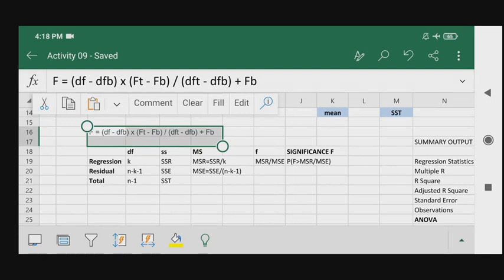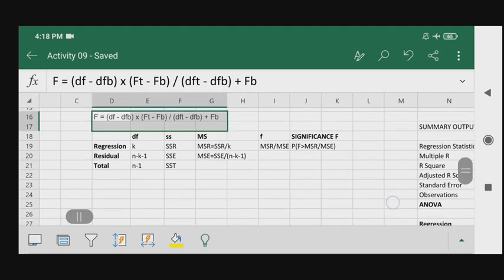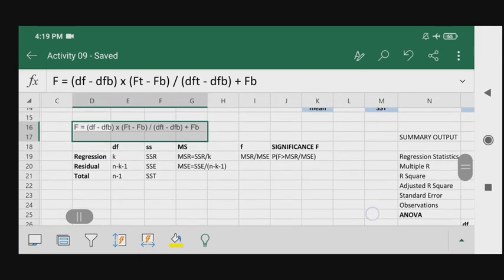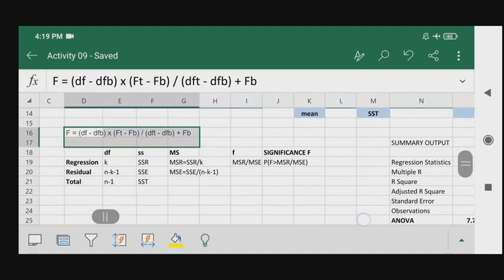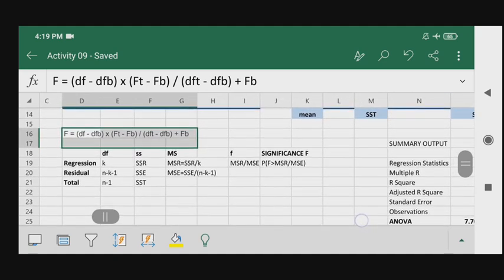F equals df minus dfb, where df is the calculated degrees of freedom, and dfb is the degrees of freedom in the table nearest to calculated df or less than, times ft, which is the F value corresponding to dft, minus fb, which is the F value corresponding to dfb, divided by dft, which is the degrees of freedom in the table nearest to calculated df greater than, minus dfb, which is the degrees of freedom in the table nearest to calculated df less than.